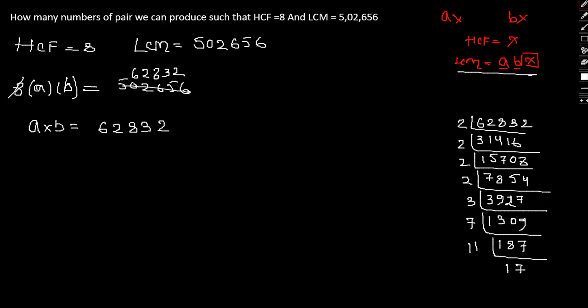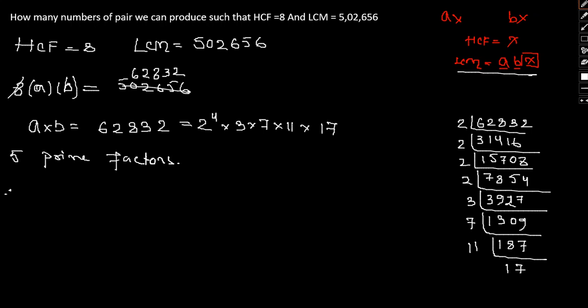So this is the split, that is 2 to the power 4 into 3 into 7 into 11 into 17. So basically we have 5 prime factors.